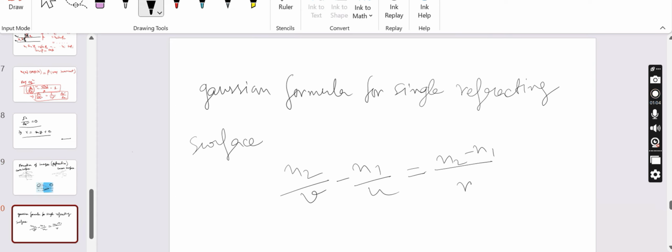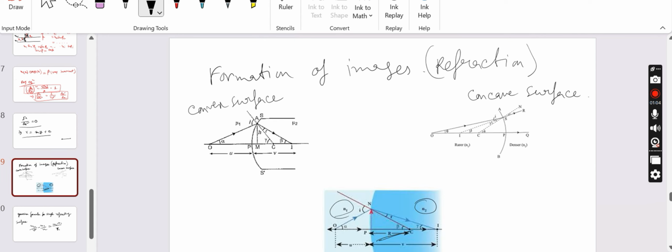So basically r is the radius of curvature, and u is the object distance, and v is the image distance.